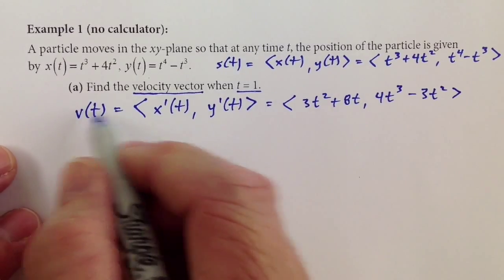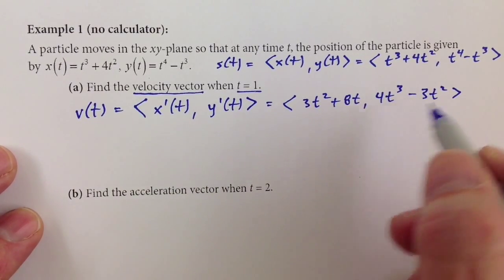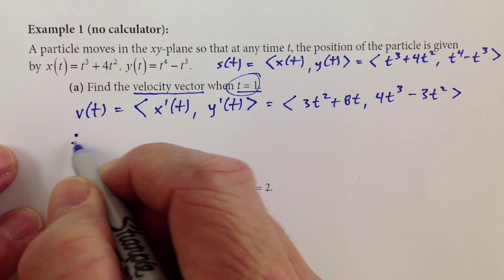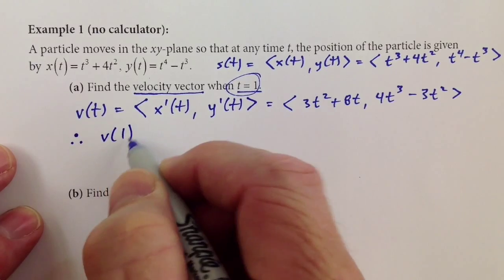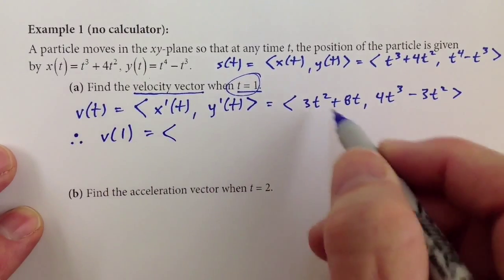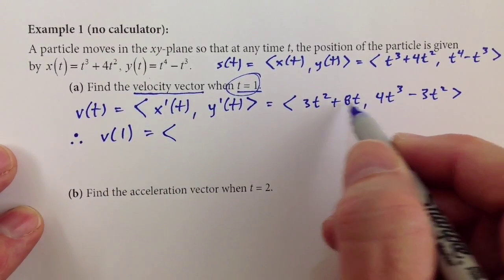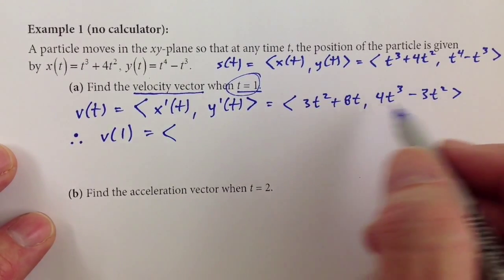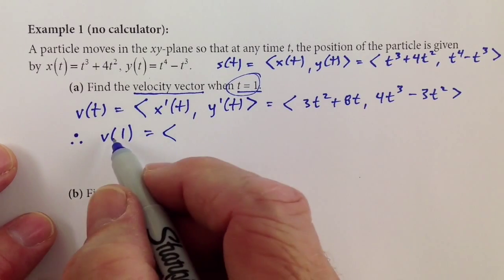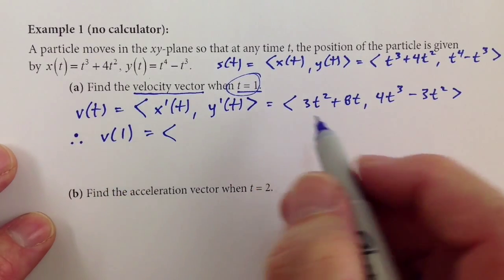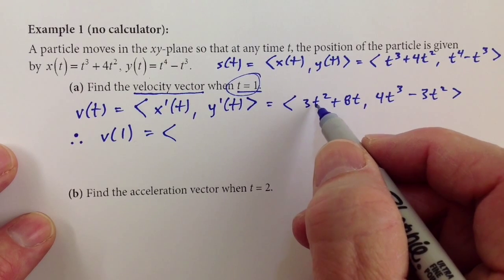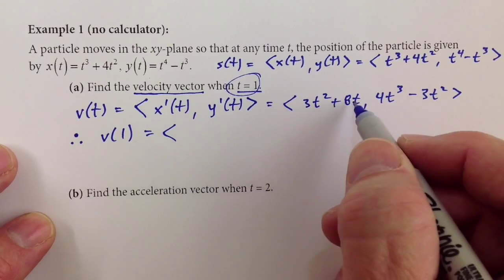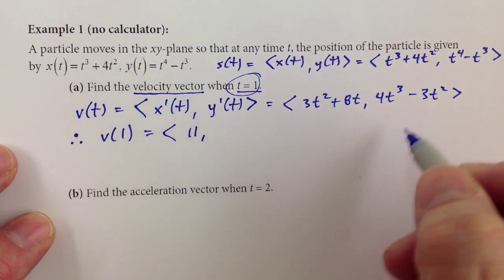So that's our velocity vector at time t, but what we want to find is our velocity at time 1. So the velocity at time 1 would be replacing t with 1. You replace t with 1 for the x component and the y component. When we replace t with 1, we get 3 times 1 squared, so 3 plus 8, which is 11.